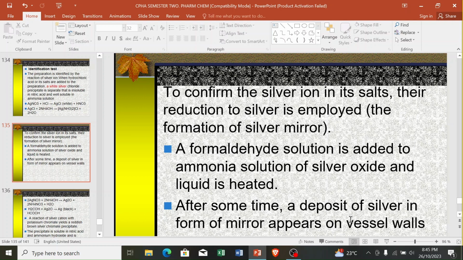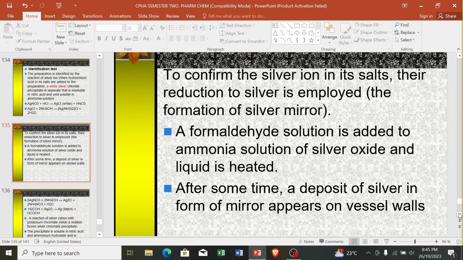So after some time, a deposit of silver in the form of a mirror appears at the vessel. Anything that you are going to use in carrying out this test is called a vessel. You can be asked to describe the oxidizing properties of silver nitrate.